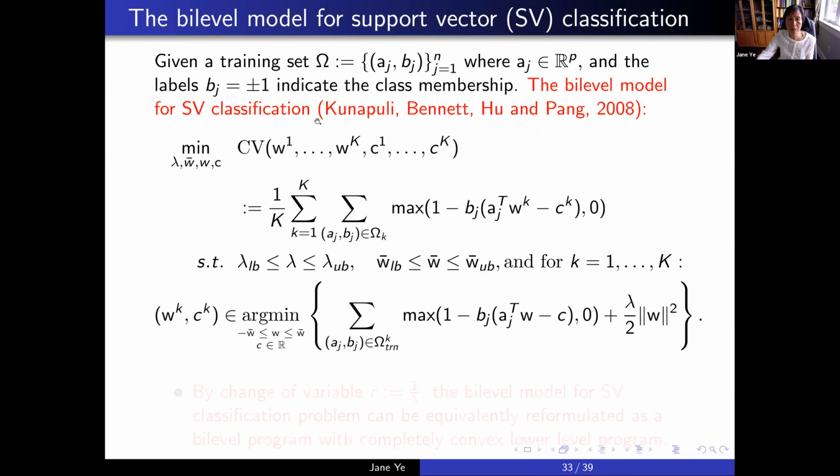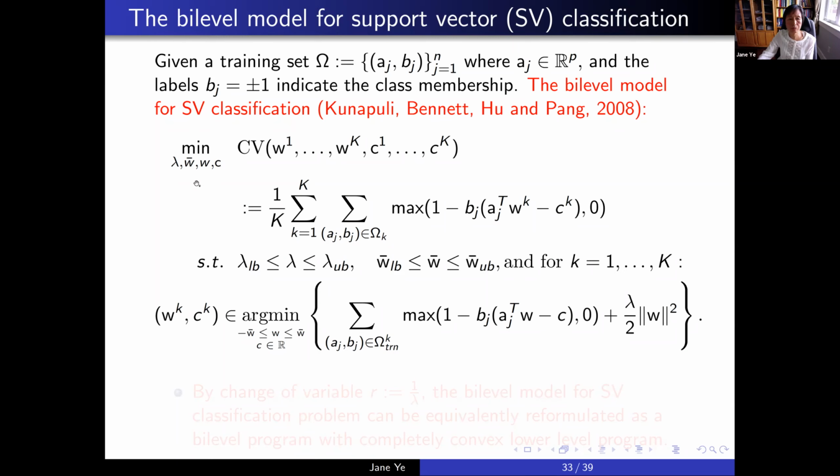Okay, so we can formulate a bilevel model, right? Again, your upper level variables are lambda, the penalty parameter, and the margin width, W bar.